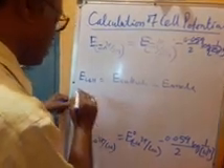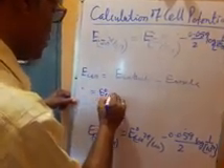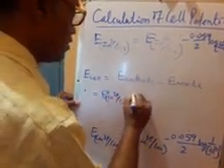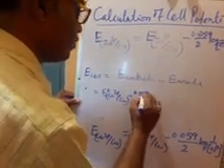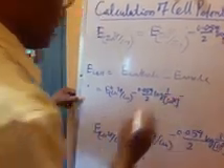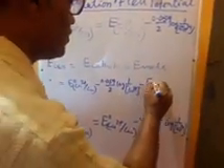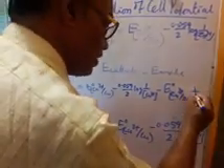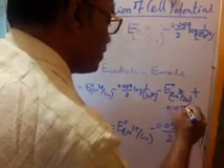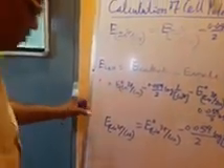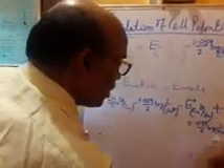is equal to E naught Cu2+ by Cu minus 0.059 by 2 log 1 by Cu2+ concentration, minus E naught Zn2+ by Zn plus 0.059 by 2 log 1 by concentration of Zn2+. This is the value.